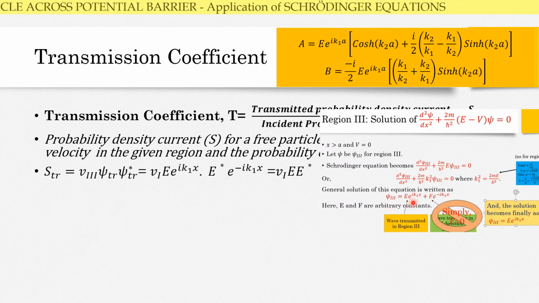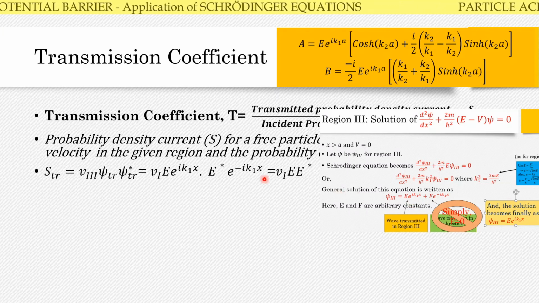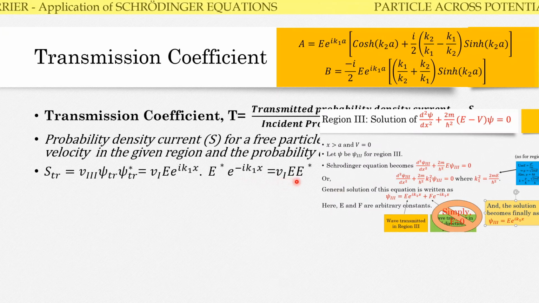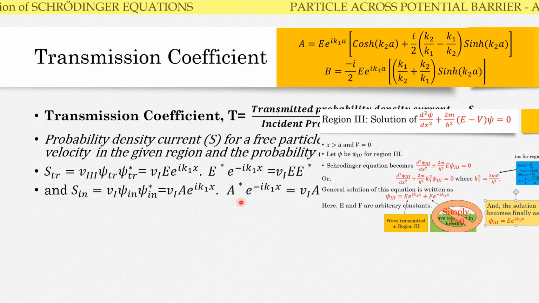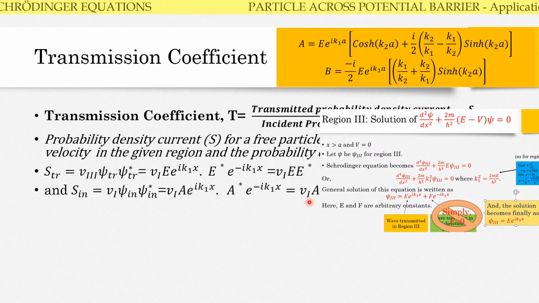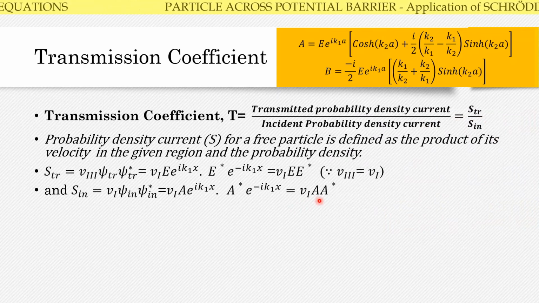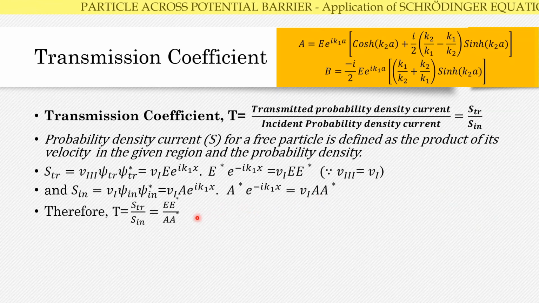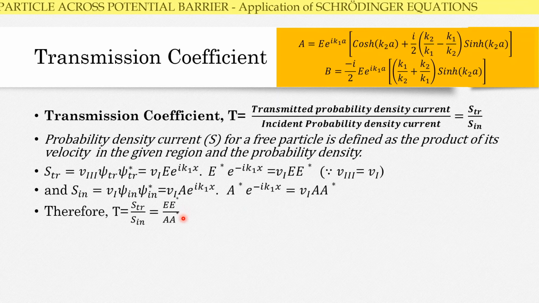It has been taken from the first term of this equation. So upon solving, it simply becomes V1 into ee star. Now, S incident was again the same as in region 1, V1 into aa star. So the ratio of these gives us the transmission coefficient, which finally becomes ee star divided by aa star.